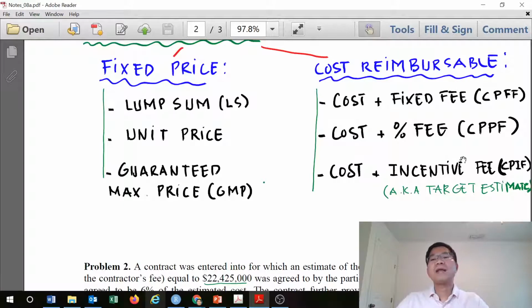So with cost plus incentive fee, we share the cost underrun, in this case the saving, between the two parties. If the project overruns, say the target is $100 million and it increases to $120 million, that $20 million overrun has to be shared between the two parties. That also shares the risk. So that goes to CPIF.